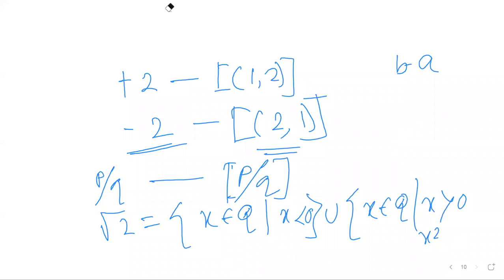So we understand what the real numbers are. Real numbers are cuts, and the collection of all such cuts is my real numbers. Now it is very much clear.